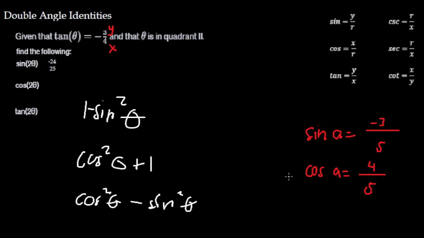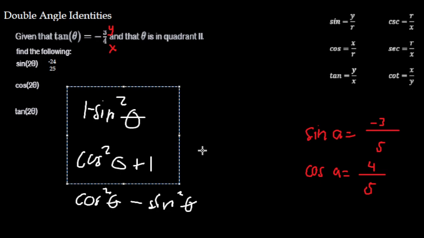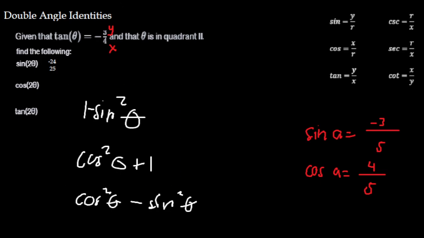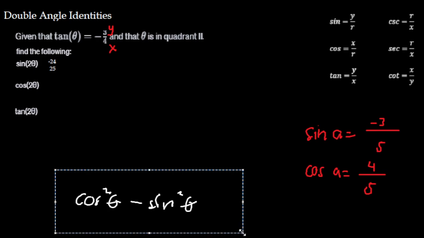Since given naman ang cosine of theta and sine of theta, we can use this naman. Pero, we can use any one kung ano yung mas comfortable sa inyo. But for now, we will use the cosine squared of theta minus sine squared of theta.